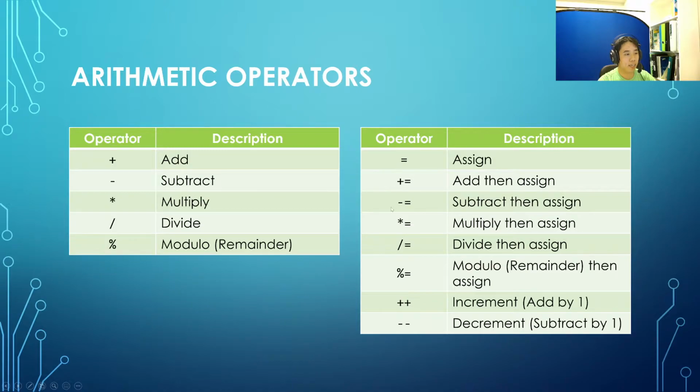You can also assign values to variables, and how you do it is just use the equal sign. You can also do stuff to variables before assigning them the new value. For example, we can add to a variable, then assign it as a new value.